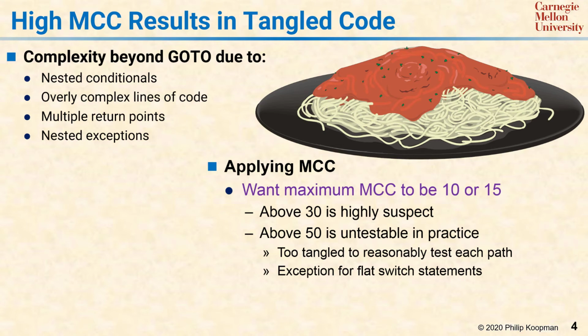Above 50, software is generally untestable in practice because there are just too many unit tests to run, and you're going to have trouble arranging the test cases to actually hit all the deeply nested or various blocks of code. There can be exceptions to this rule in which code is easy to test and easy to understand, but there are few and special.